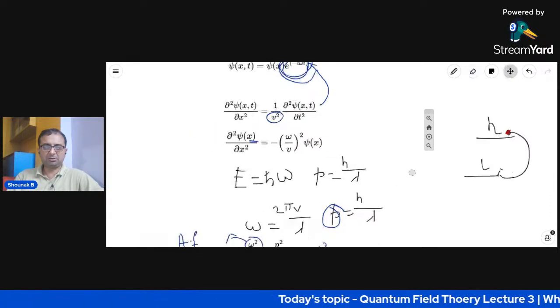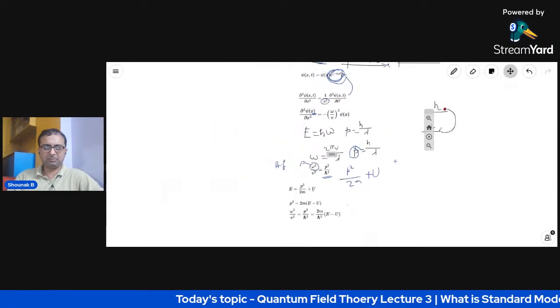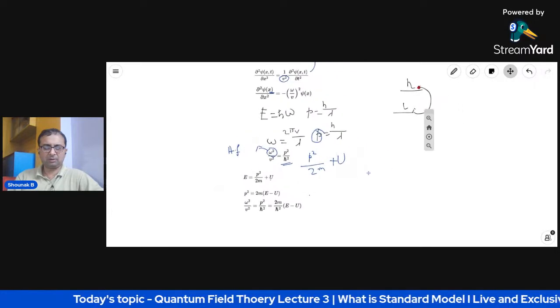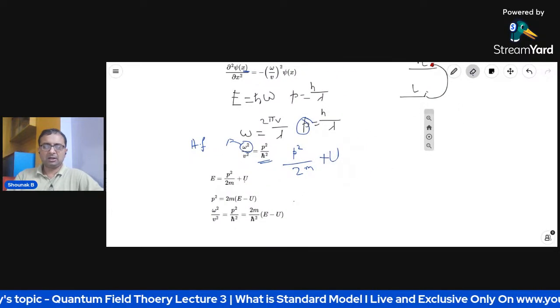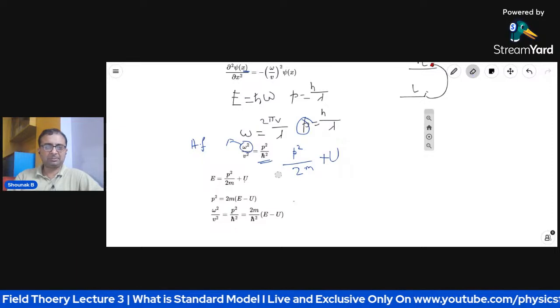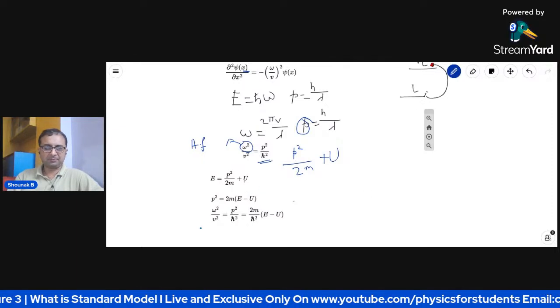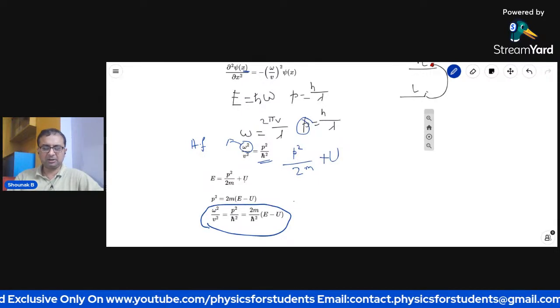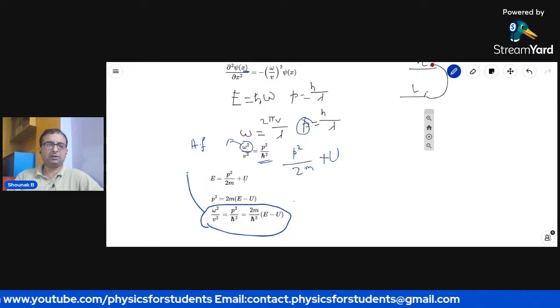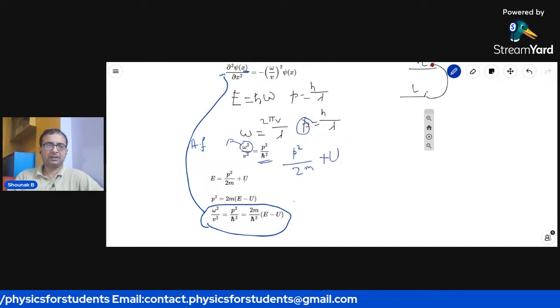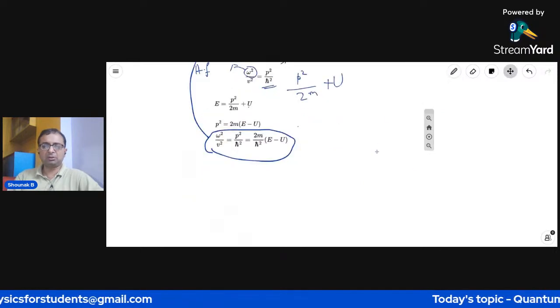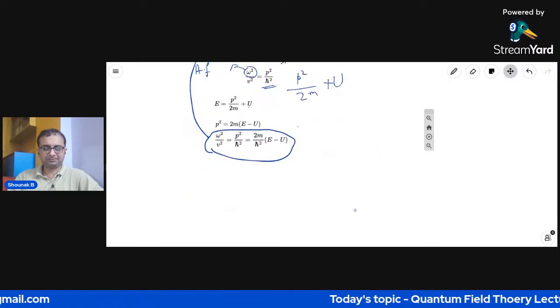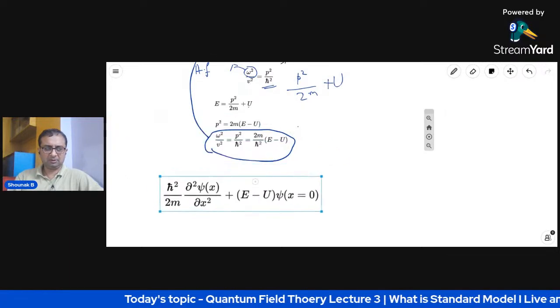Let me make it a little smaller so that it is visible in one shot. Now I'm going to substitute this particular equation over here in this equation. So if I substitute this equation into this, what is going to come? This is going to come. Here it is.